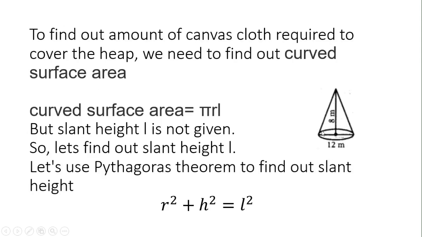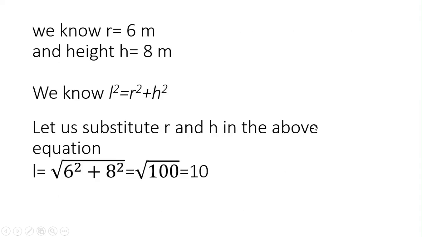The slant height can be found by using the Pythagoras theorem. So l square is equal to r square plus h square. We are substituting the r value and h value. Obviously l is equal to root of r square plus h square.